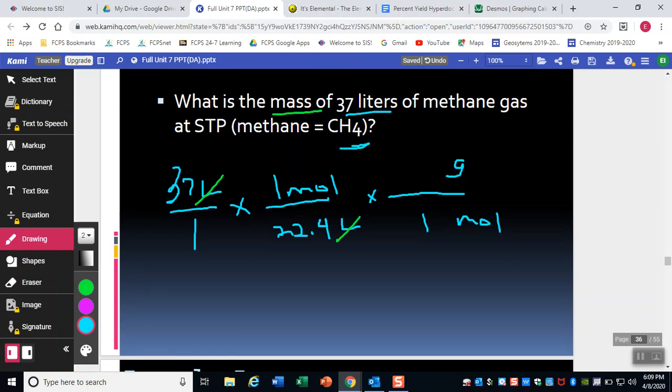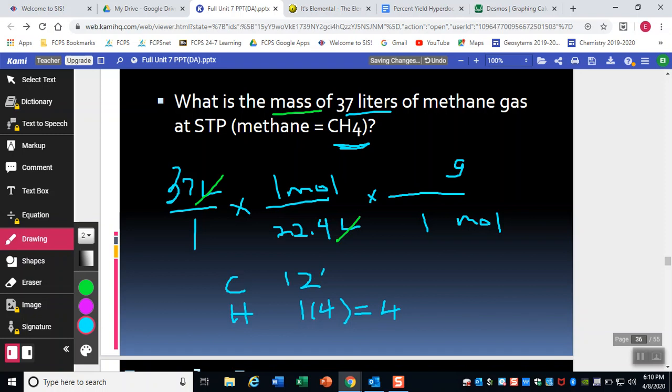And we're looking at methane. So CH4. So I've got carbon and hydrogen. So carbon is 12, right? And I only have one of them. And then hydrogen is 1, but I have 4 of them. So 1 times 4 is 4.